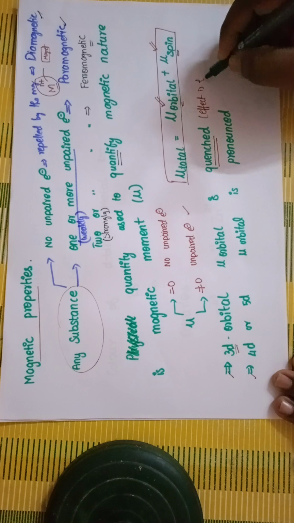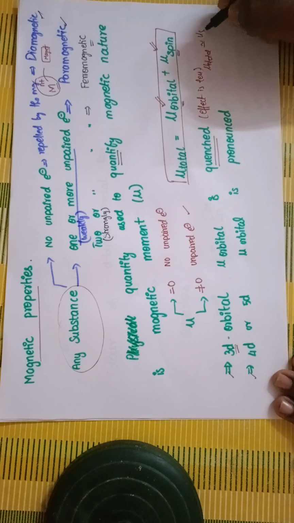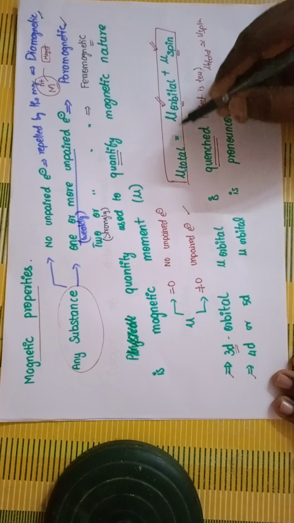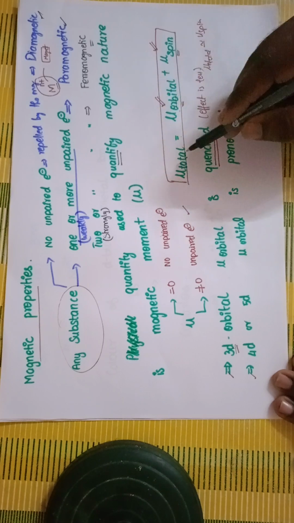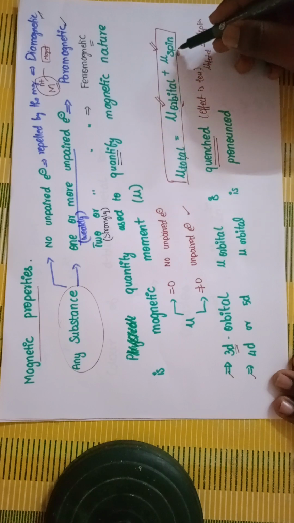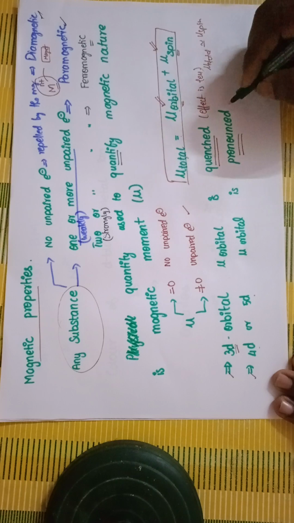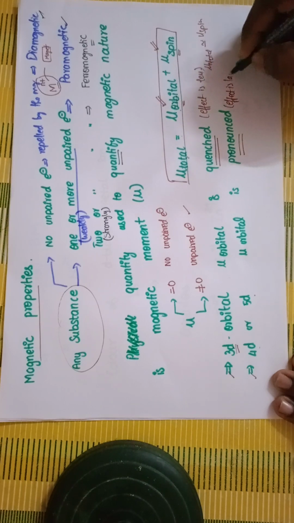If the effect is less, mu total will be approximately equal to mu spin, because mu orbital is negligible. Mu total is equal to mu orbital plus mu spin. As this quantity is negligible, we can equate mu total directly with mu spin. For 4d and 5d, it is pronounced, the effect is large. So for 4d and 5d, we need to account for all the things.